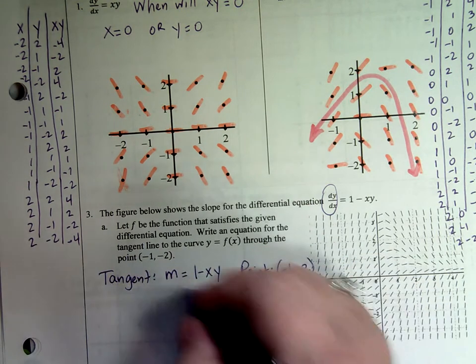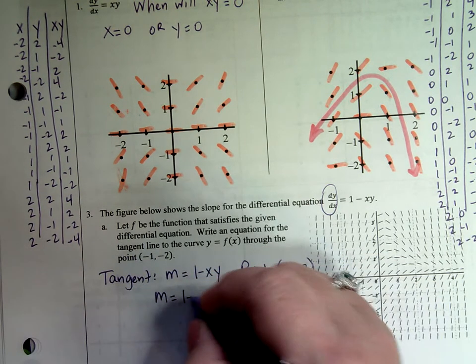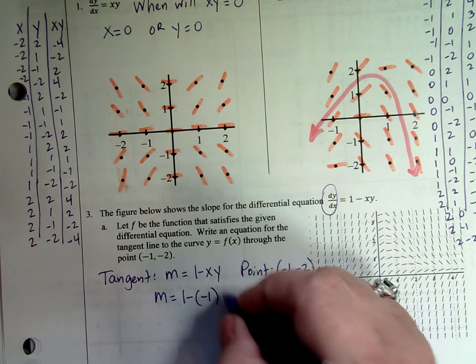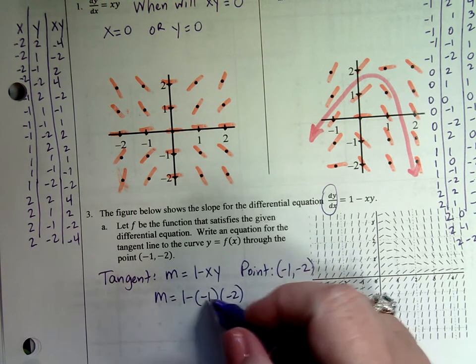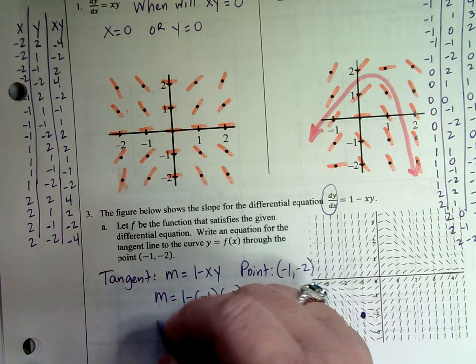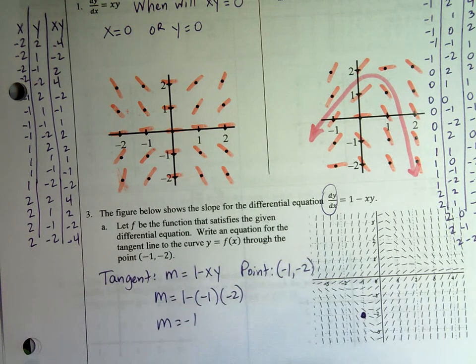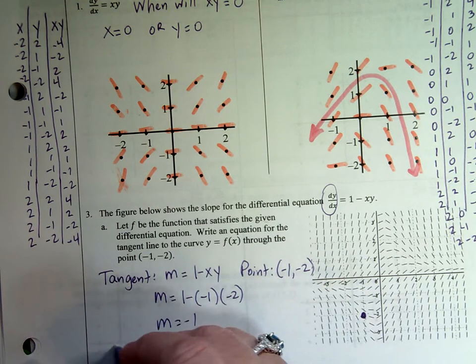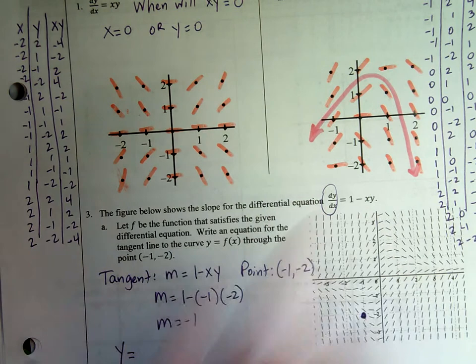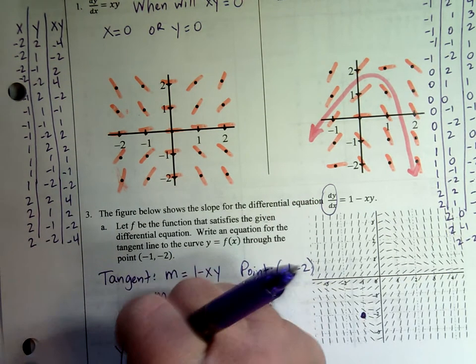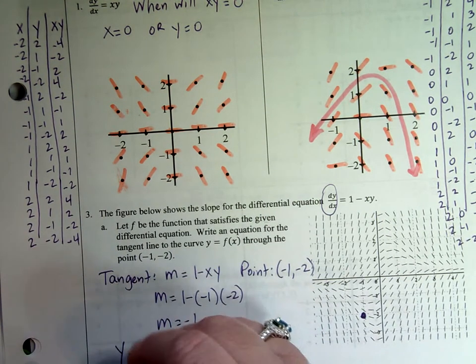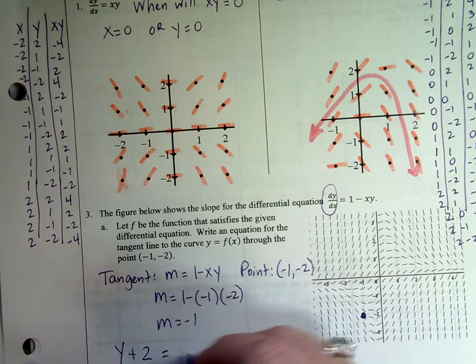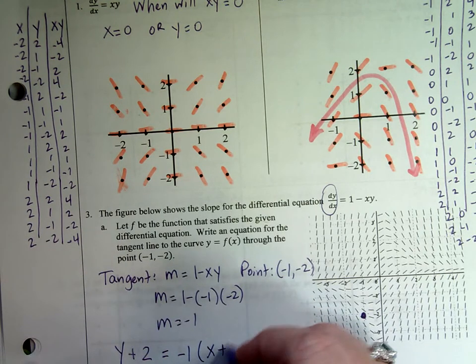Well, 1 minus x of negative 1 times y of negative 2. That gives me 1 minus 2. And I get a slope of negative 1. Can you put together the tangent line equation? Yes, you can. This is old school stuff from millions of years ago. Baby math. y plus 2 equals negative 1 times x plus 1.